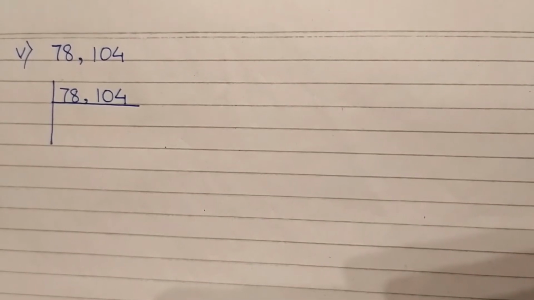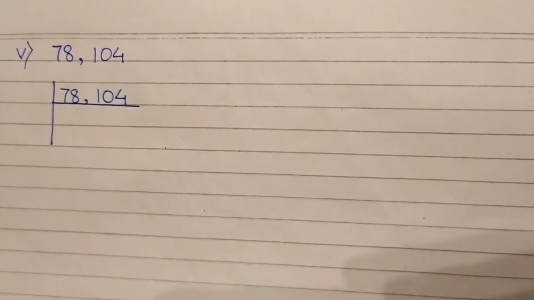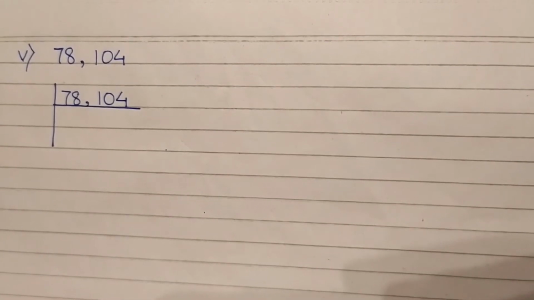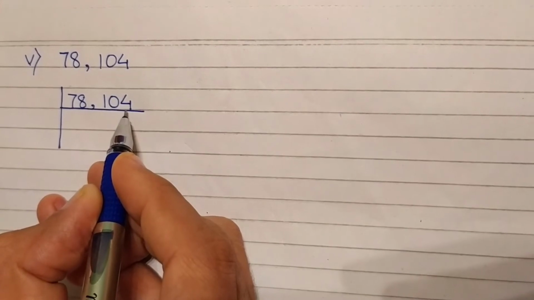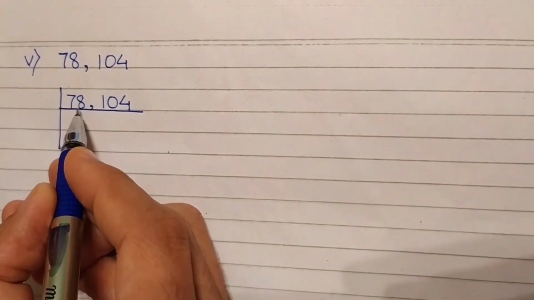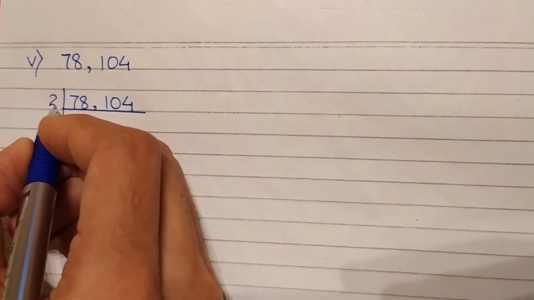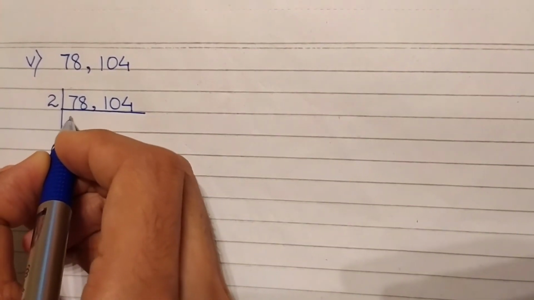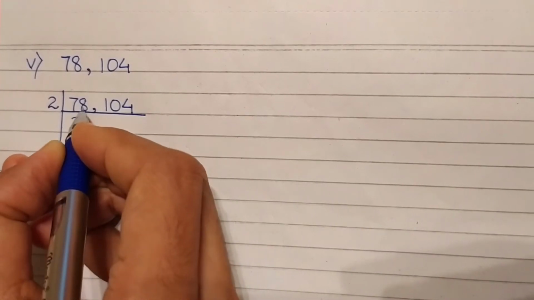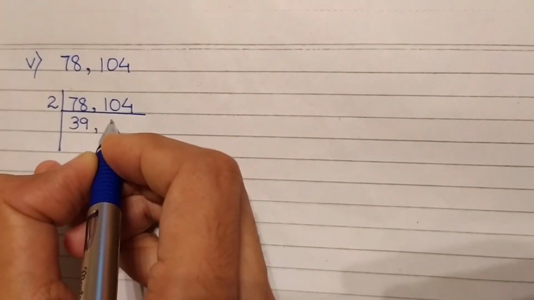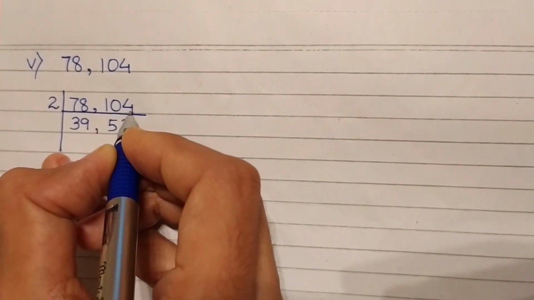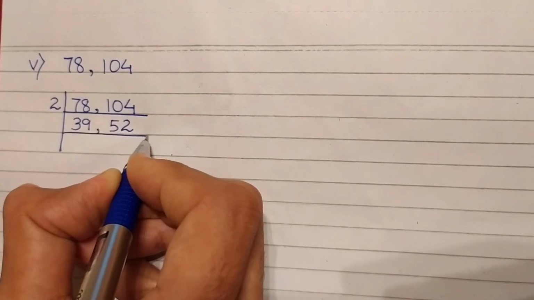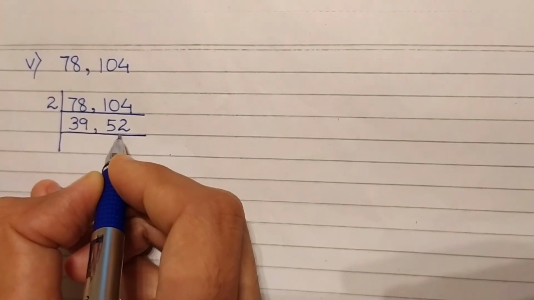Children, let's continue with sub-question 5. We have to find out HCF and LCM of 78 and 104. Now, 78 and 104, both numbers are even numbers, so we can start with 2 as a common factor. 2 into 39 is 78. 2 into 52 is 104. Now we have 39 and 52.